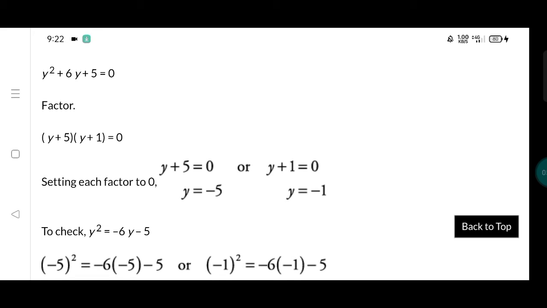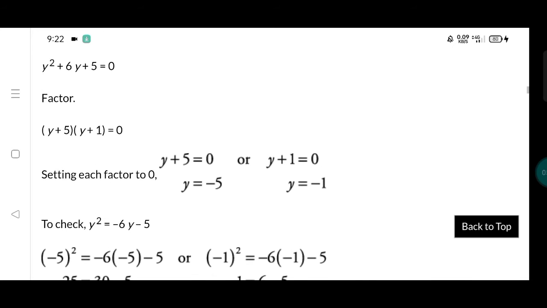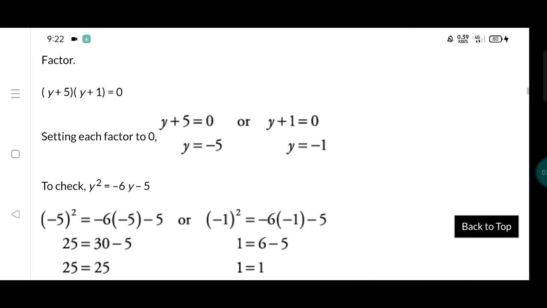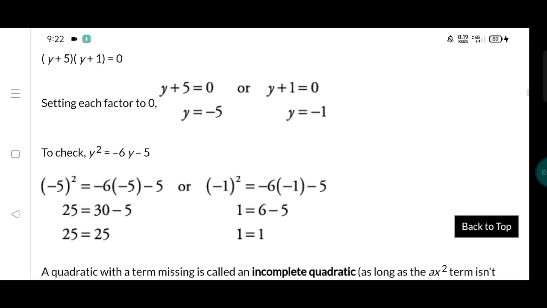Next we have to substitute the values of y. For y equal to -5: -5 squared is equal to -6 times -5 minus 5. So -5 squared is 25, equal to -6 times -5, which is positive 30, and then minus 5, so 25 is equal to 25.